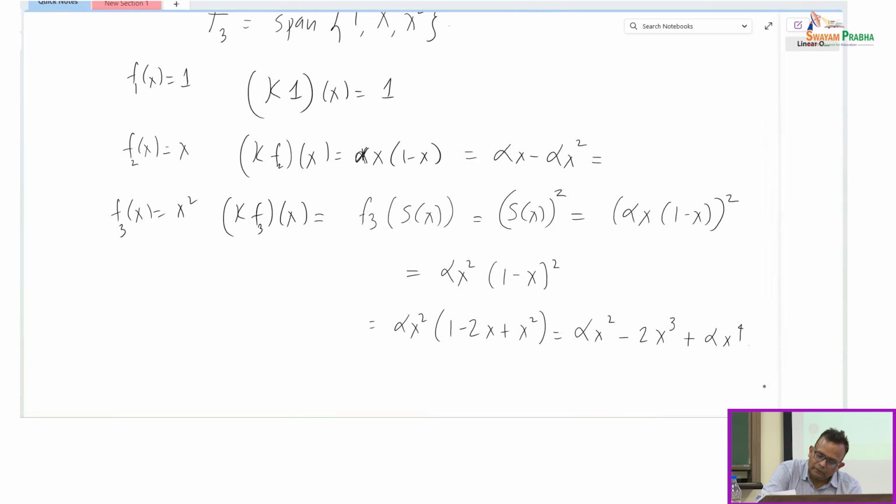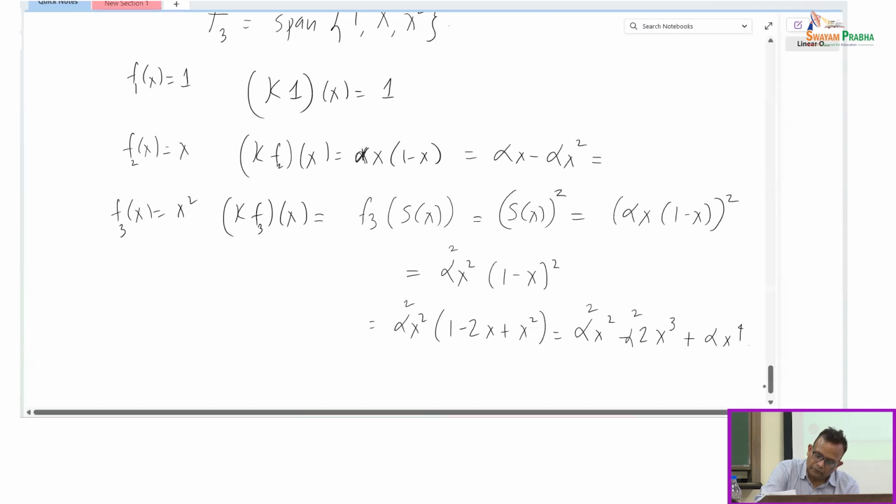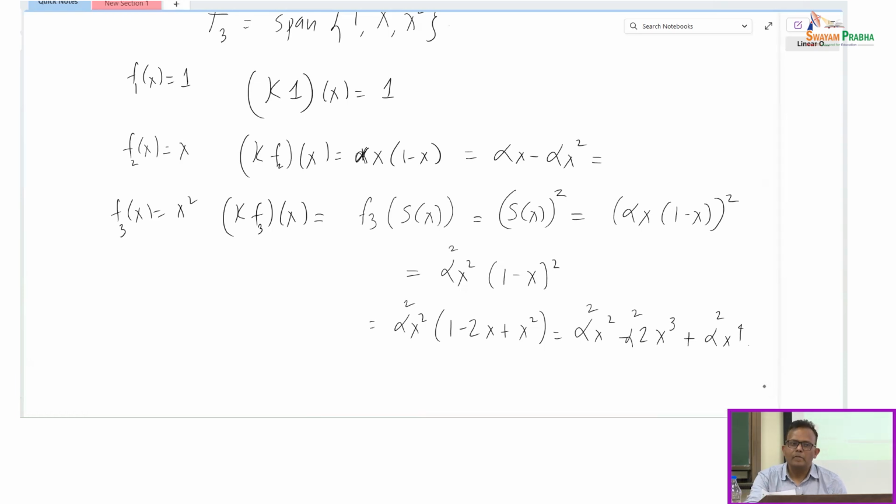Alpha square, right? Oh, this should be multiplying everywhere, right? Is it correct? The point is, what do you see now?